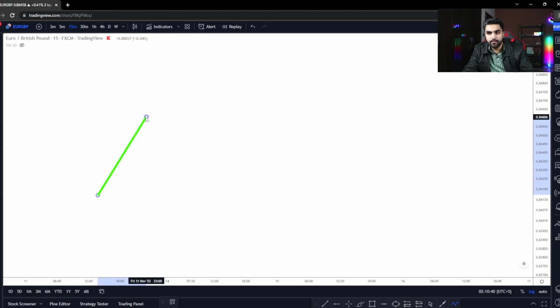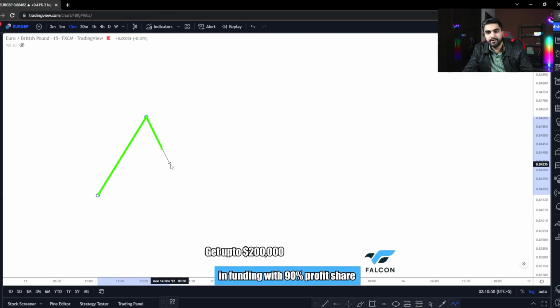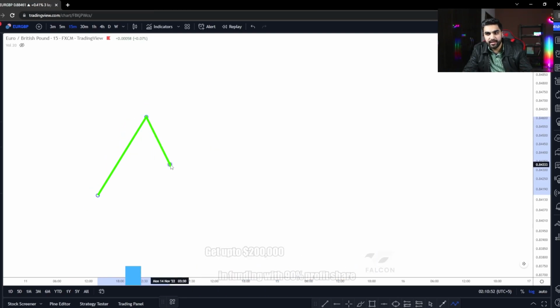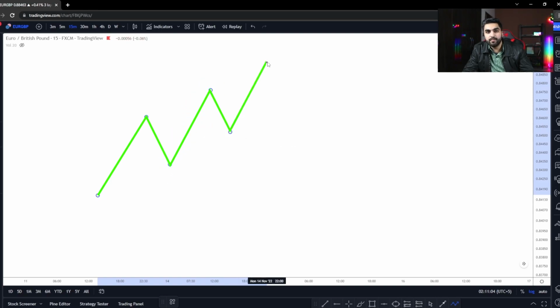When buyers make a move to the upside and it's a big movement, then I consider this movement my A leg. Afterwards, obviously there are going to be some sellers, and after these sellers, when buyers make a move to the upside again, that is going to be my B leg, and the third or last leg is going to be my C leg.